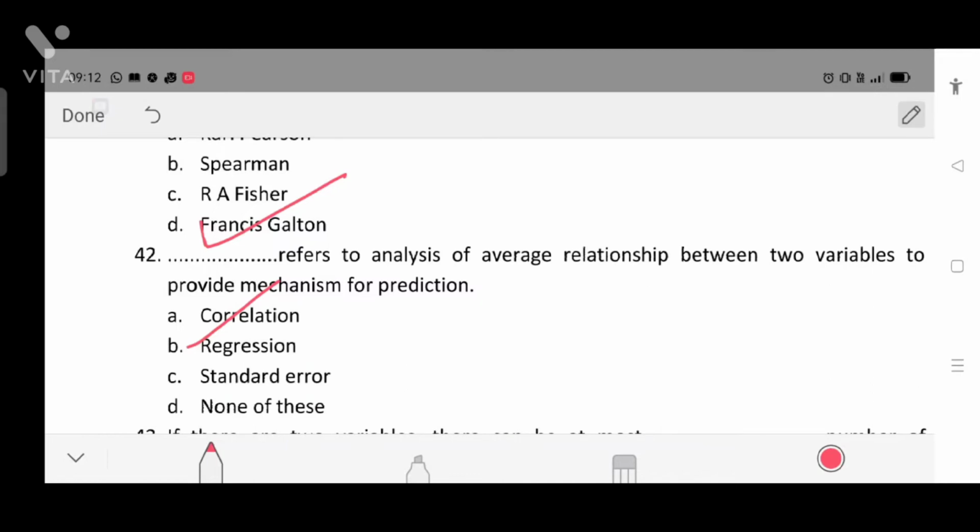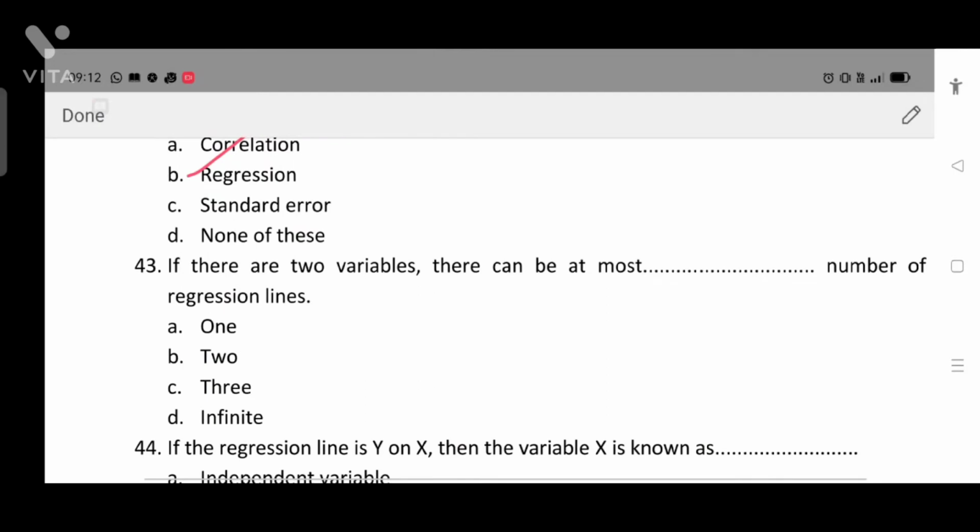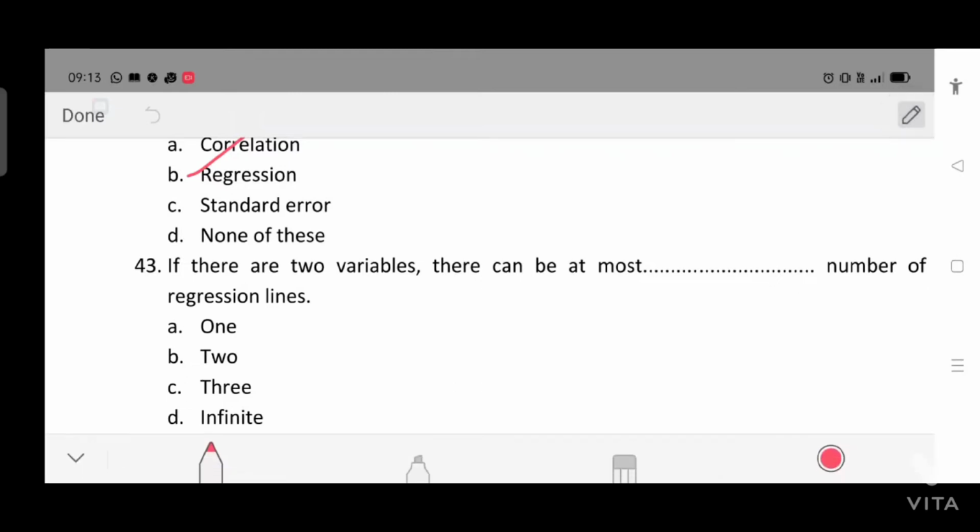Regression is the correct answer. Question 43. If there are two variables, there can be at most dash number of regression lines. A, B, C, D. B, 2.